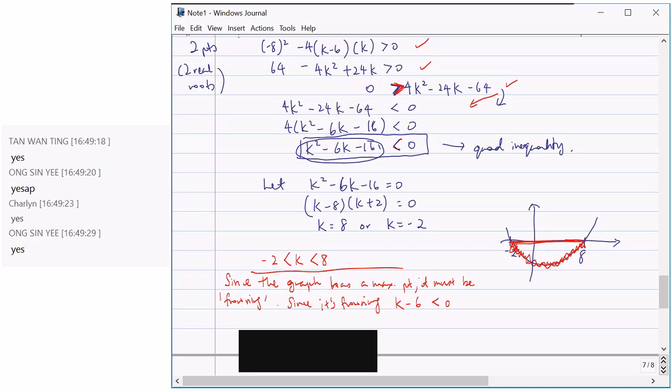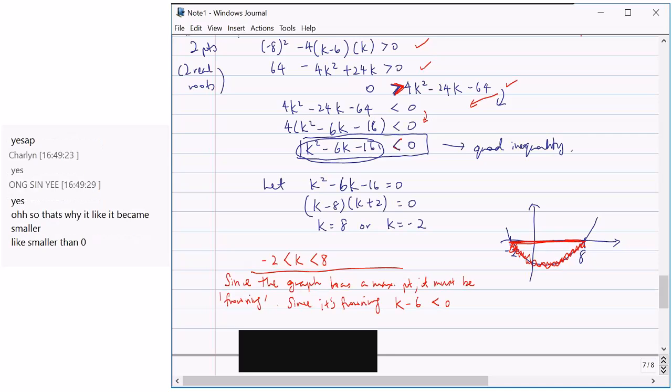Then this step to this step, I just took out 4 as common factor. It's because I brought the negative 4k square over, so it became less than 0, because I want to make the k square coefficient positive. I actually did not flip the inequality sign at all.